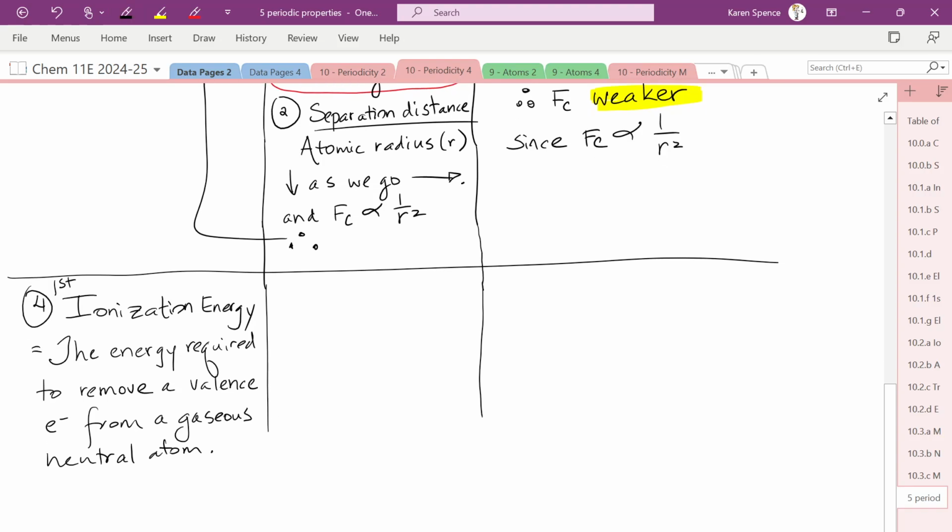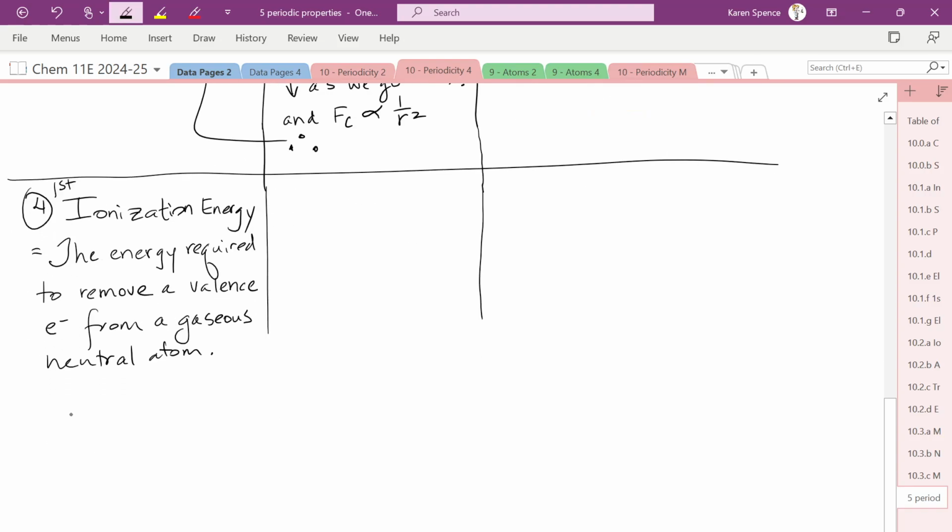What would the equation look like if I was to start with some sort of atom, X, which is gaseous? What would the rest of that equation look like? What would I add here? Energy, yep. And we're going to put IE1, because that's our first ionization energy.